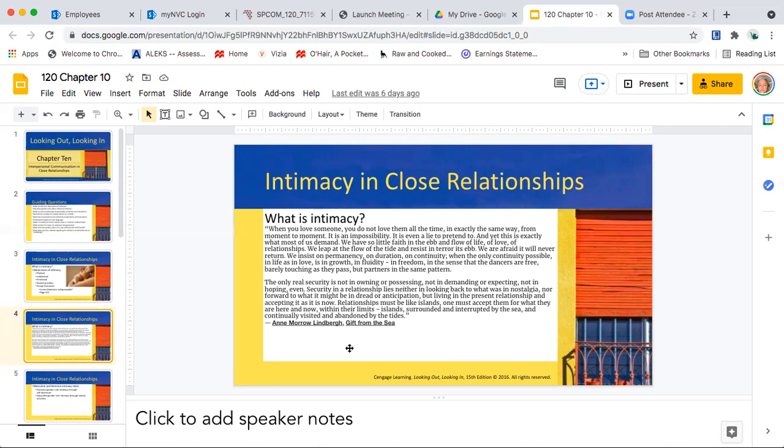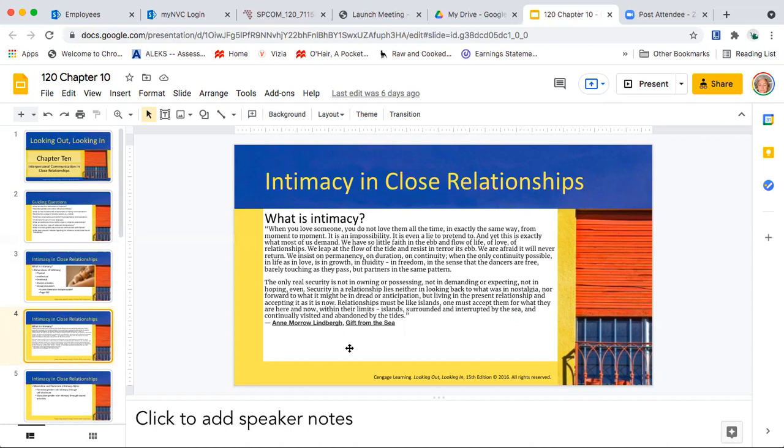The only real security is not in owning or possessing, not in demanding or expecting, not in hoping. Even security in relationship lies neither in looking back to what was in nostalgia, nor looking forward to what it might be in dread or anticipation, but living in the present relationship and accepting it as it is now.